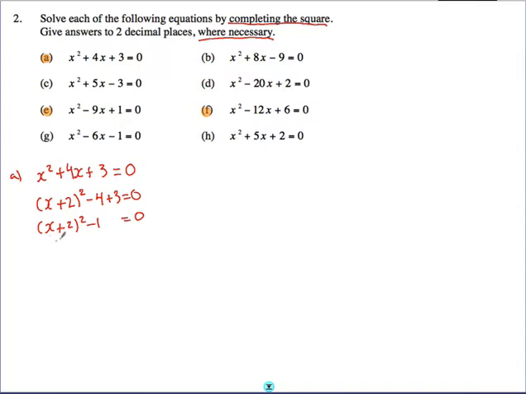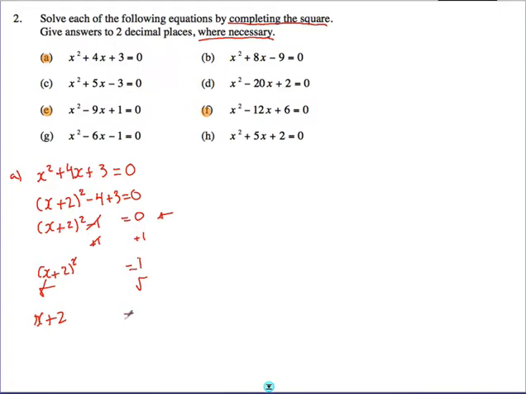And we're just going to plus 1 on both sides. Now we're trying to solve it, we're trying to work out what x is at this time. Plus 1 on both sides, this cancels out, and you get x plus 2 squared is equal to 1. Square root both sides. So x plus 2, this square root will get rid of that, cancels out.